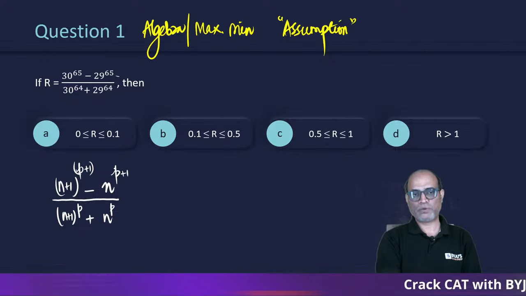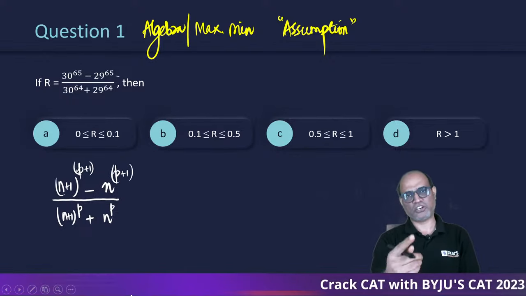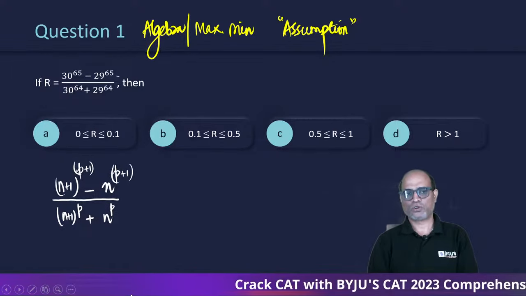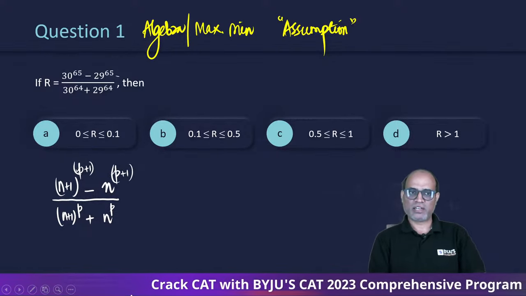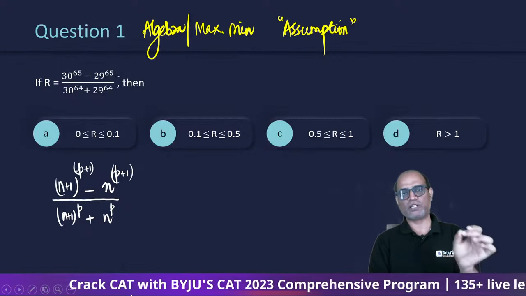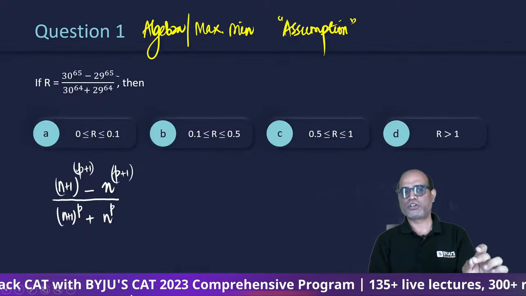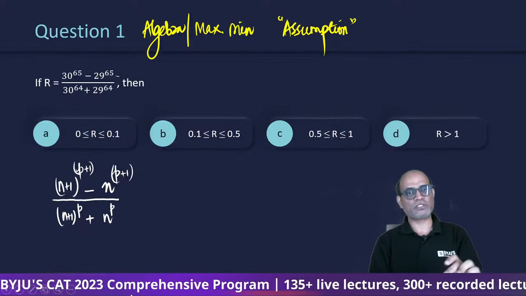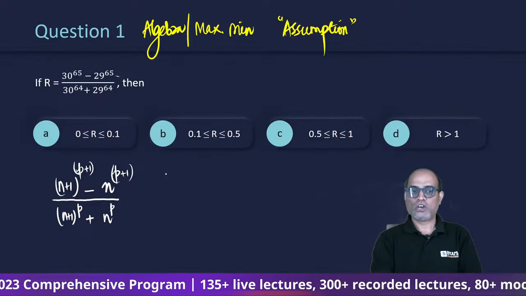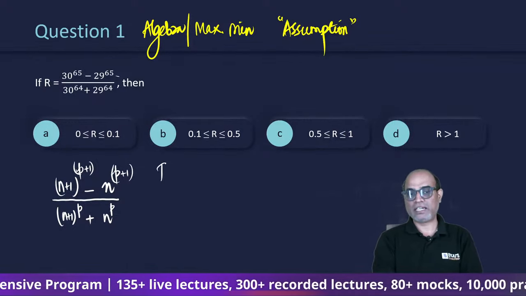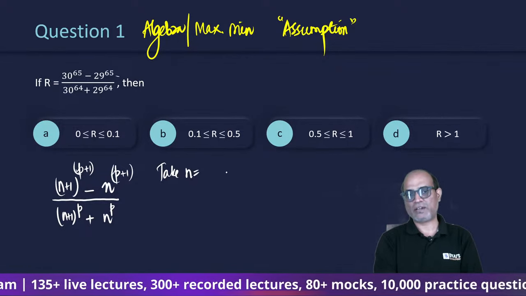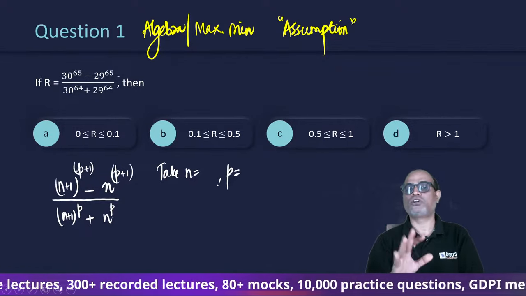I hope you agree that this is the generalization. I didn't apply any formula. Instead of 30, I have written n plus 1, so 29 becomes n. And instead of 65, I have written p plus 1, such that 64 becomes p. Now I will take values of n and p that are within my ability to solve.